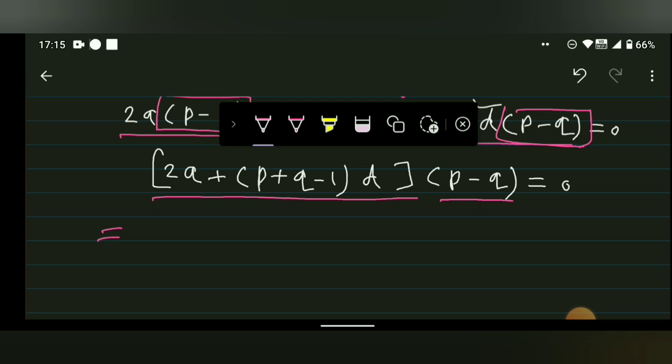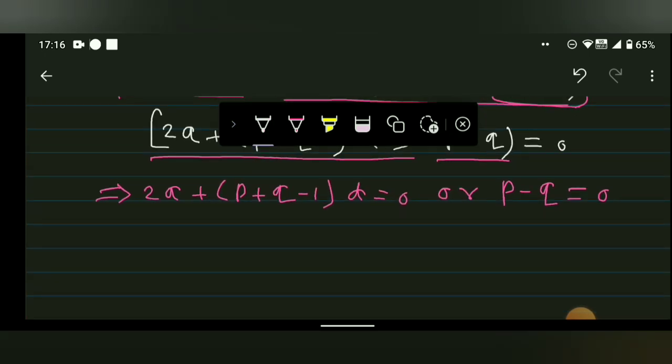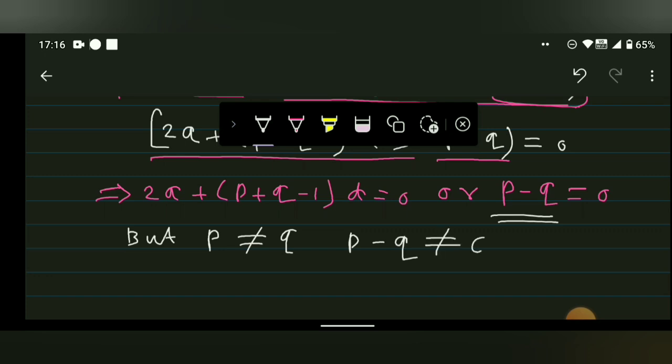This implies that either the first term 2a plus (p plus q minus 1) d is equal to 0, or one can write p minus q is equal to 0. But from the given information, in the example we have been given that p is different from q. As p and q are different, their subtraction must not be equal to 0. Means we can state p minus q should not be equal to 0.